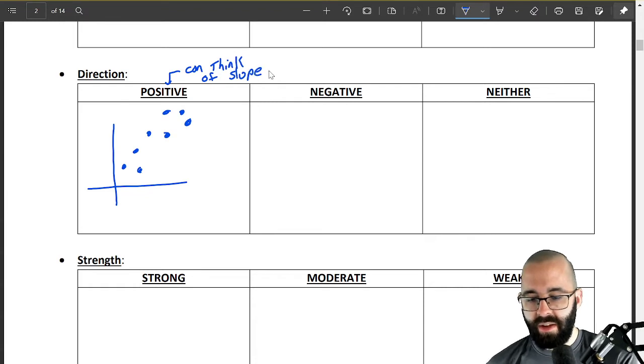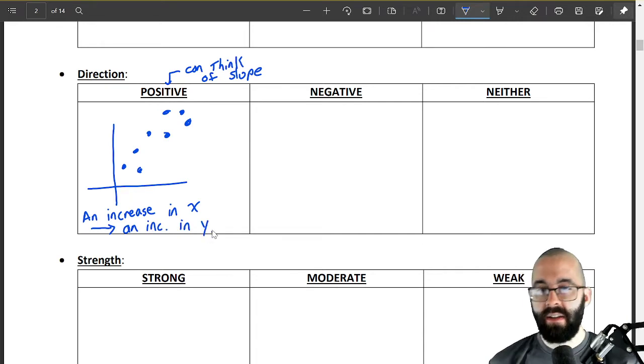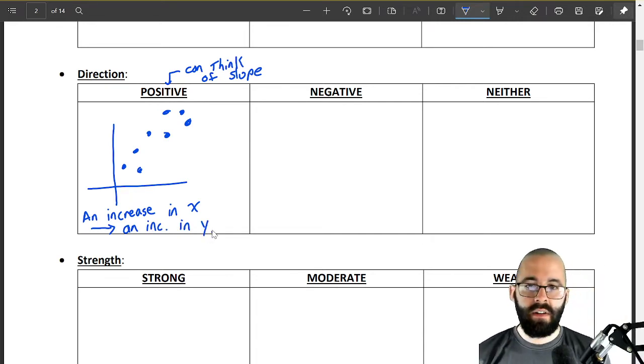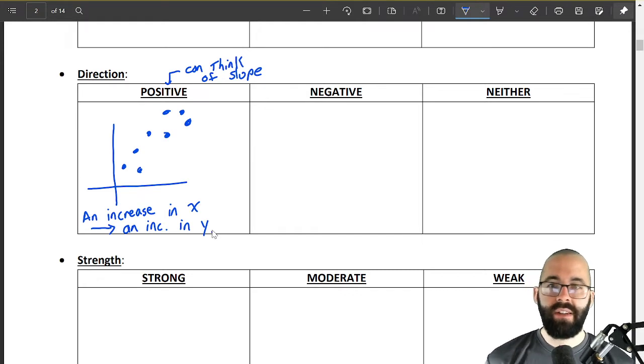And that's a big thing that maybe I will write down. An increase in x leads to an increase in y. Positive slope means going up.